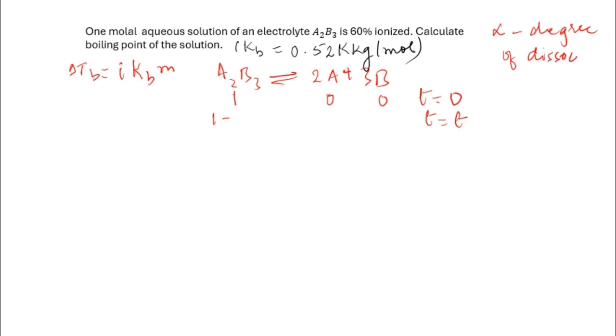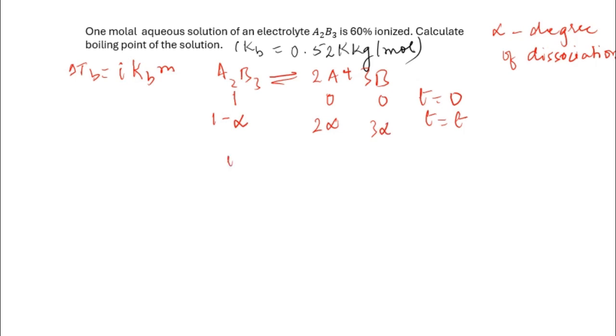If alpha is the degree of dissociation, it means that out of one mole, alpha moles are going to dissociate, which is obviously a fraction if we start with 1, or the degree of dissociation can be given as a percentage even, but let's start with 1. Say if alpha moles undergo dissociation, then 2 alpha moles of A will appear and 3 alpha moles of B will appear.